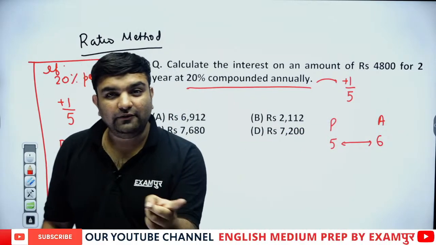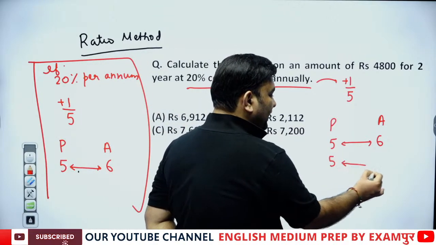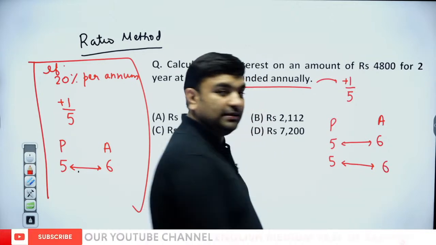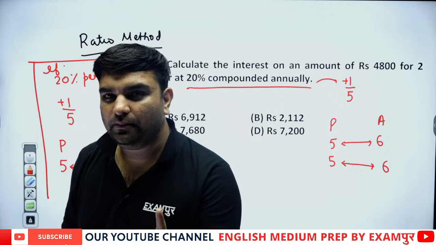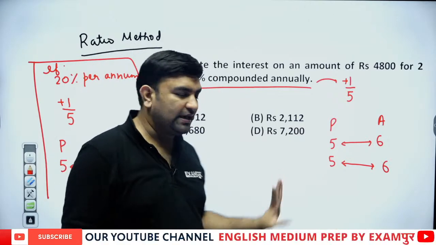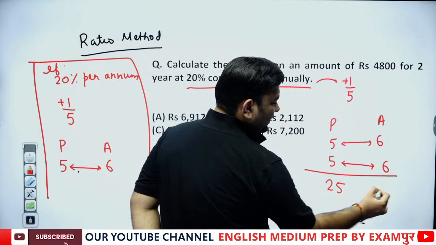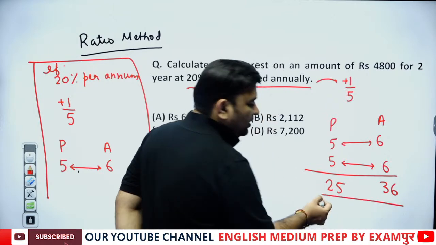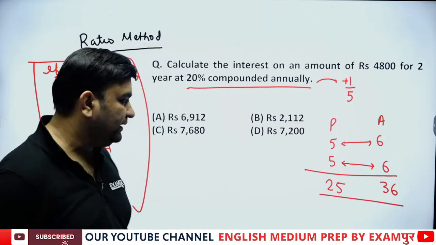Again in the second year, principal of 5 will become amount of 6. This is for the first year, this is for the second year. So overall in 2 years, principal of 25 will become amount of 36.